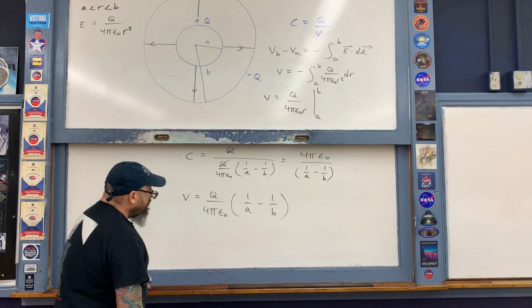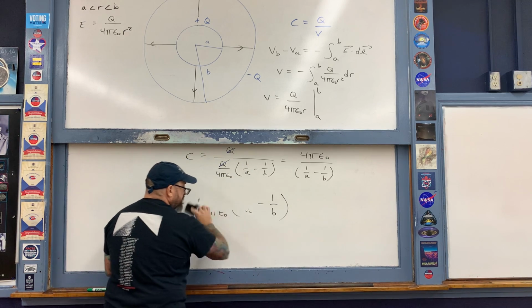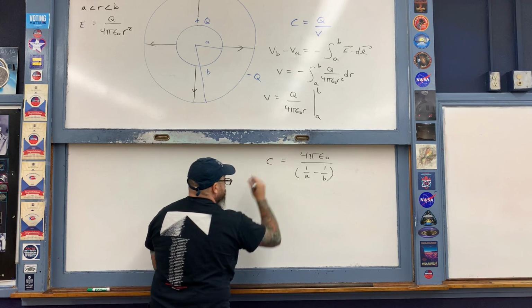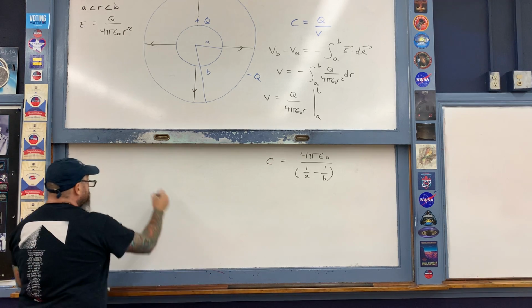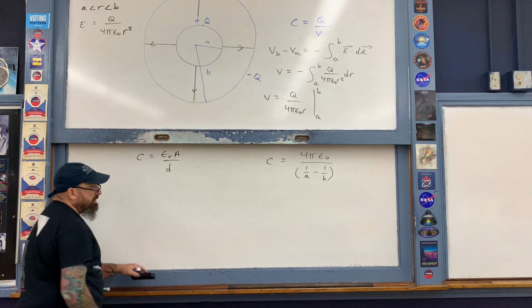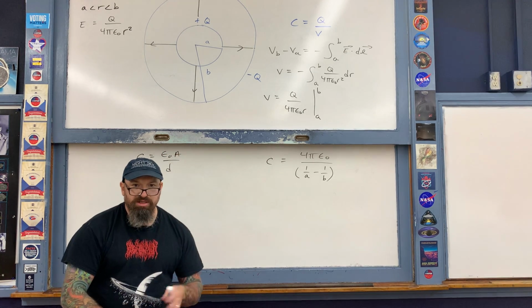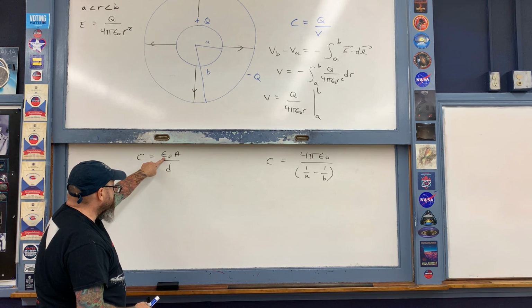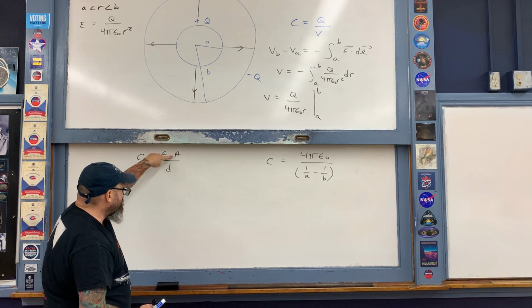So, okay, now just to check ourselves here, let's compare this capacitance that we just calculated for the spherical capacitor to what we did a little while ago for the parallel plate capacitor. Take a look at the expressions. They have the same mathematical form. Basically, epsilon naught multiplied by area divided by distance, which would be like meters squared divided by meters.